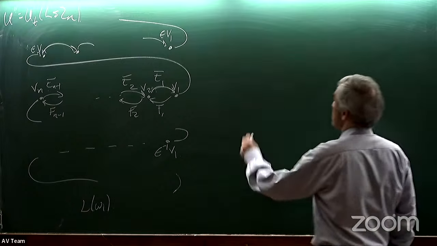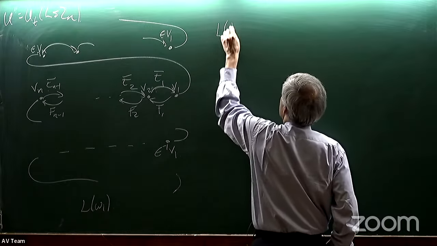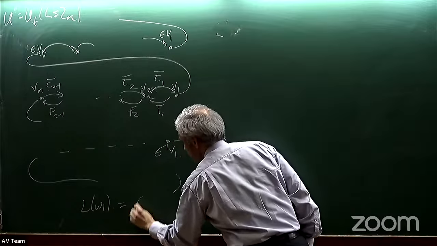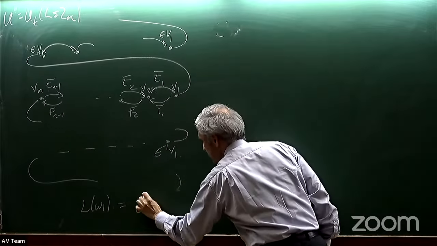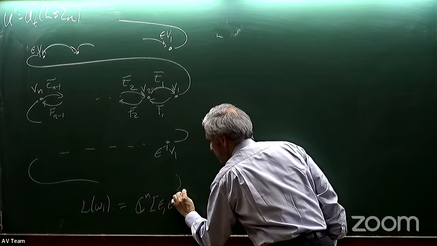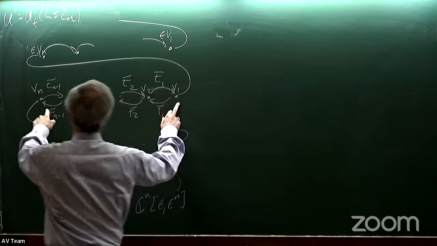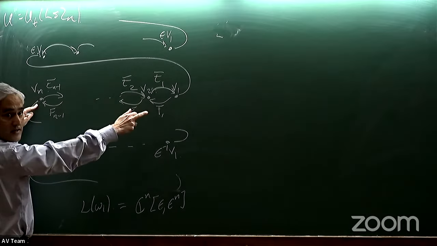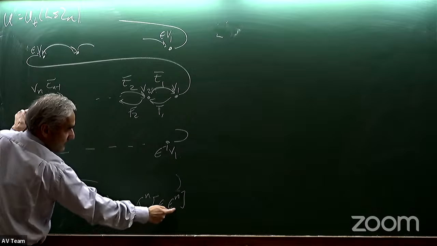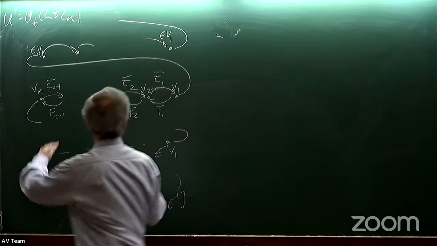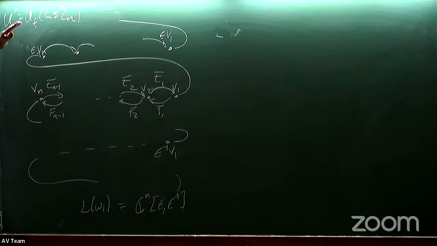And now we can take that, and one of the things we said was that we can view this as C^n. C^n is the vector space with basis V1 up to Vn. And then we take Laurent polynomials in epsilon and epsilon inverse, and that moves us by epsilon inverse.